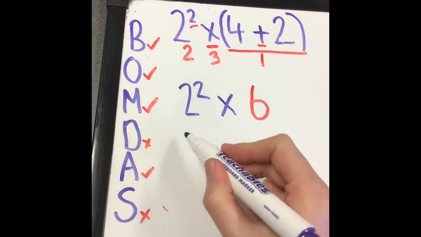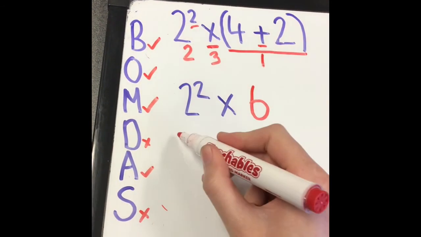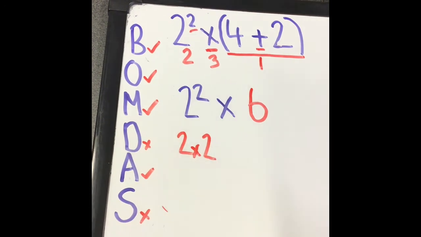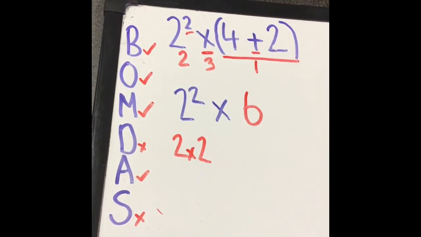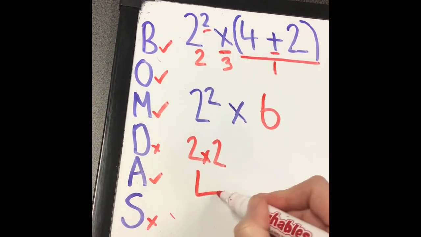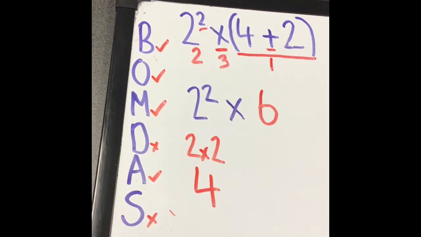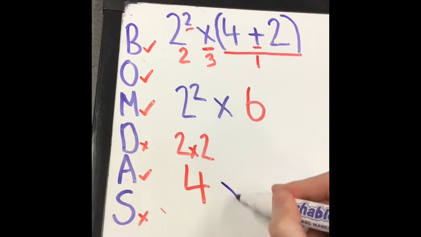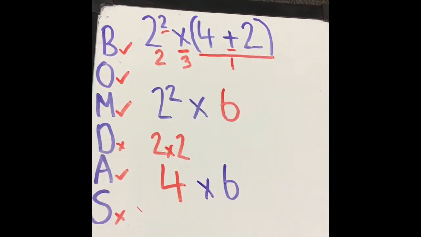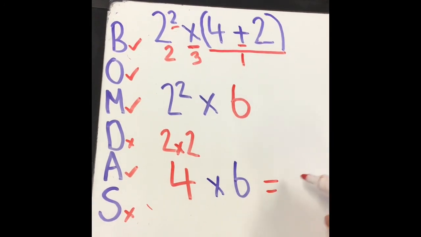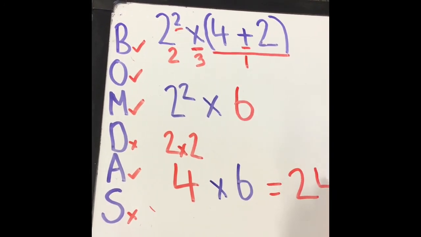We can expand that here and write that I know that this is the same as this. So 2 times 2 is 4. And then we multiply it by 6. Now that's our last step we do. 4 times 6 equals 24.